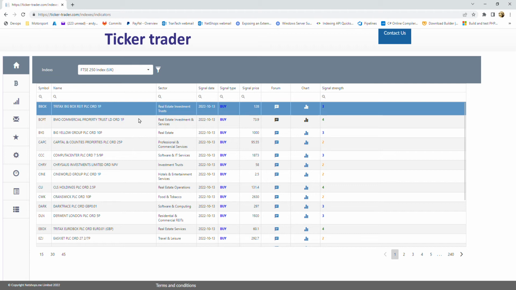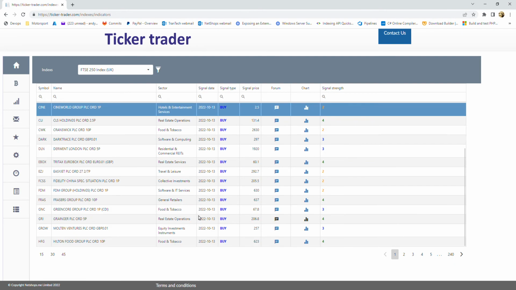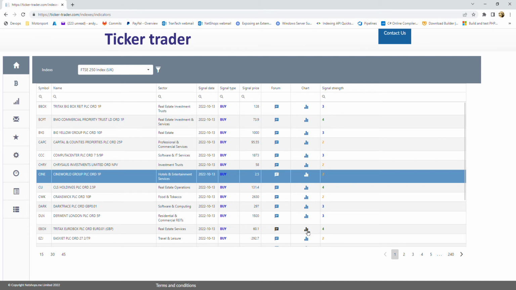So Cineworld, down here, only has a level 2 buy. And we have the price that the signal was created at. So the price was 128 when the signal was triggered with 3 indicators. And it goes on. I'm sure you get what I'm saying here.